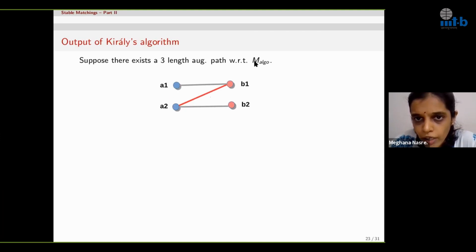Whatever I am calling M algo is the output of our algorithm, and there is an augmenting path with respect to it. We want to show that such a structure cannot exist. So what is it that we can contradict? Is there any idea?